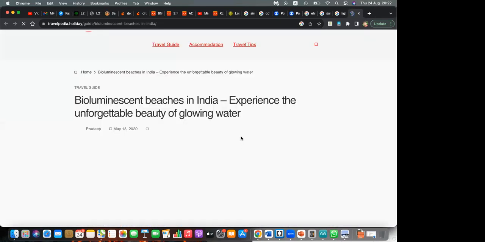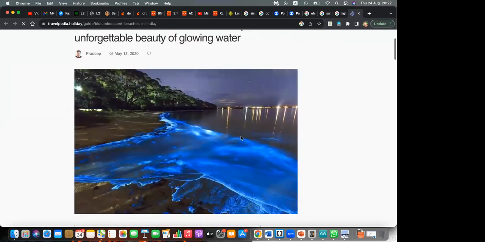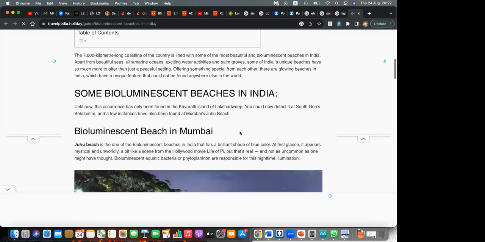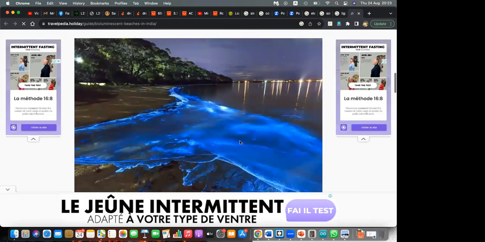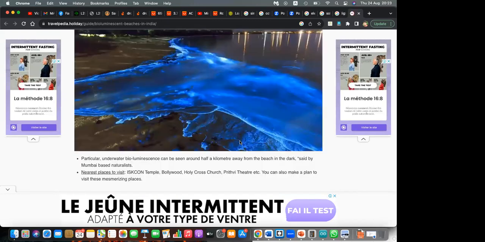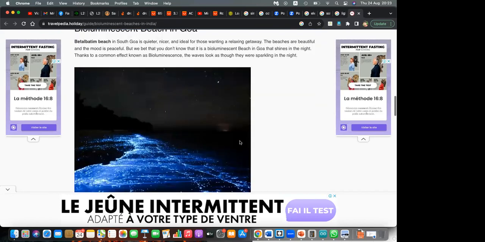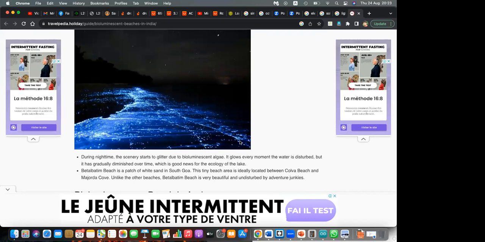In India also there are bioluminescent beaches. In Mumbai they have a bioluminescent beach, and here in Goa also there is one. So find out the reason why these beaches are glowing.